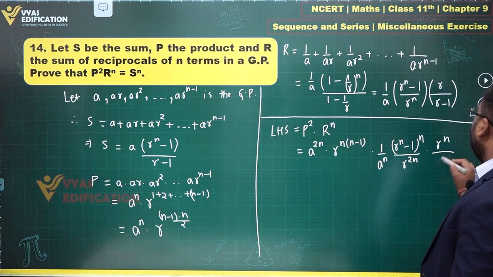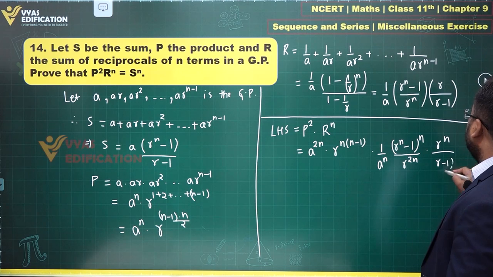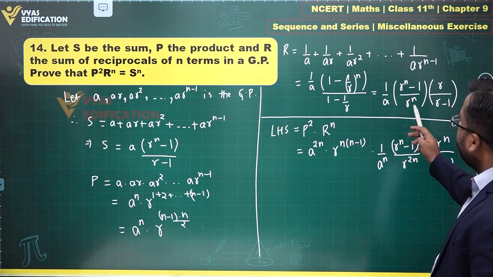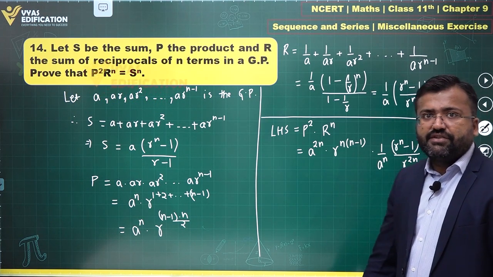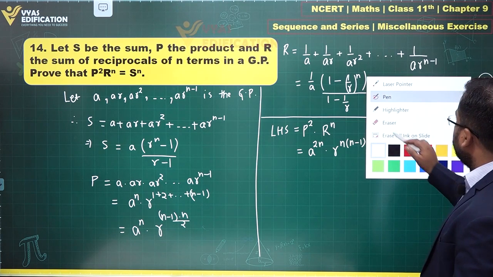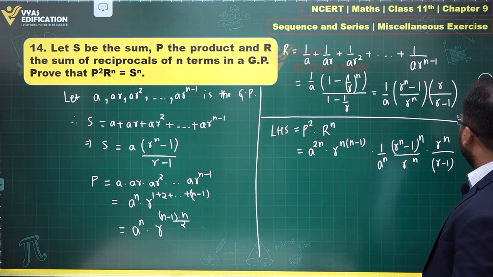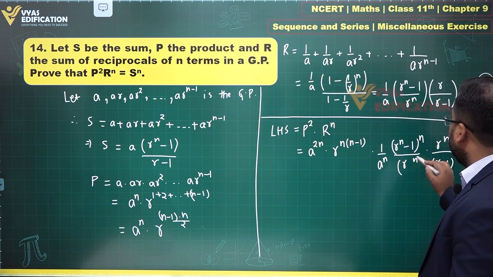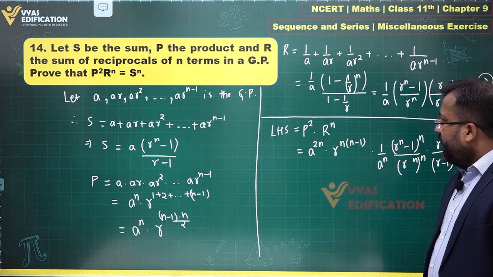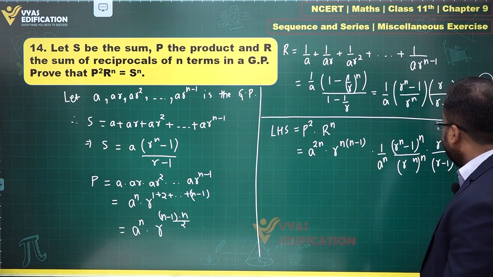R power n upon R minus 1 power, just a minute, R power n is what we are interested in, right? So that will not be R power 2n. This is R power n first of all, right? And this is R power n, this is this, right? That's what we are getting.